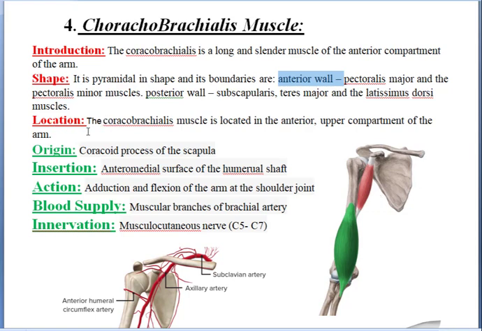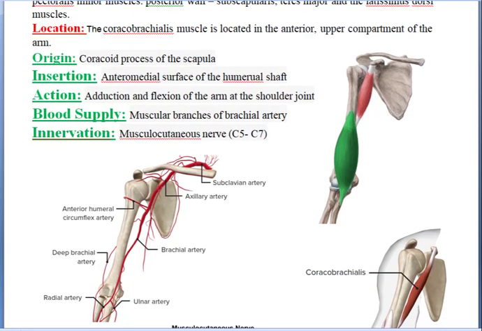What is its location? The coracobrachialis muscle is located in the anterior upper compartment of the arm. What is its origin? It arises from the coracoid process of the scapula. You can see here the coracoid process of the scapula. Let me go a little bit down.